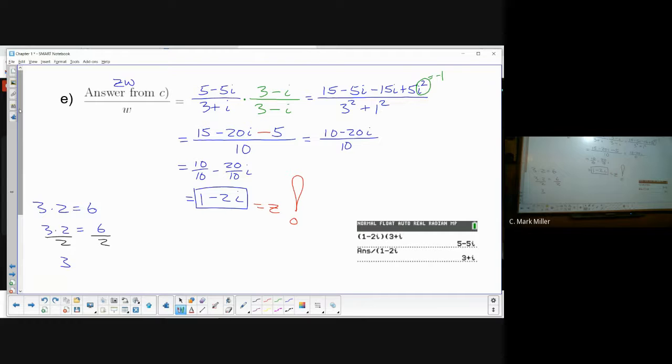I didn't want to put ZW there because someone would say, oh, ZW, W just canceled. I wanted to show you how to do division of complex numbers. That was the goal of this particular part. But I also want to point out that division of complex numbers makes sense just like the division of real numbers, right?